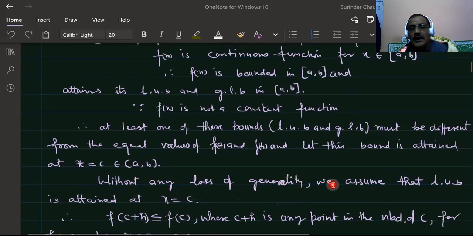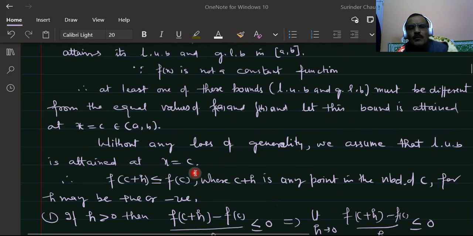Without loss of generality, we assume that this upper bound is obtained at x = c, where c belongs to (a, b), and this is the least upper bound.